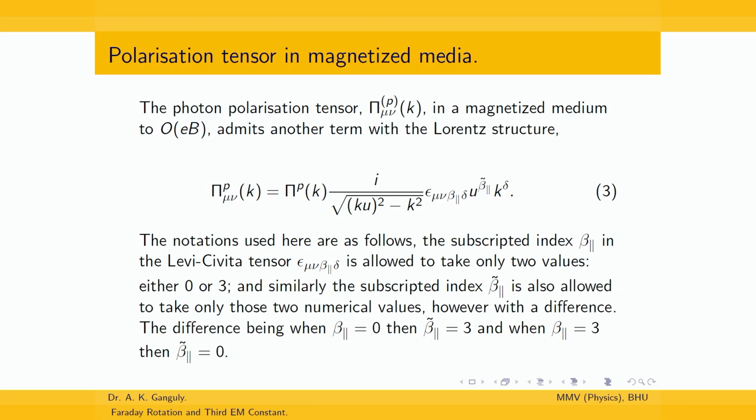The associated form factor or the structure of the polarization tensor for such a case is defined as Pi_P of mu nu. It has a structure that is given by equation 3. The Lorentz structure here is not the same as what we had encountered in other situations.